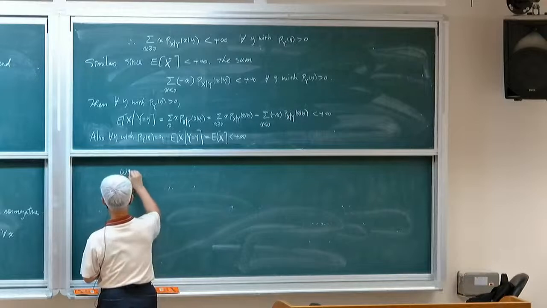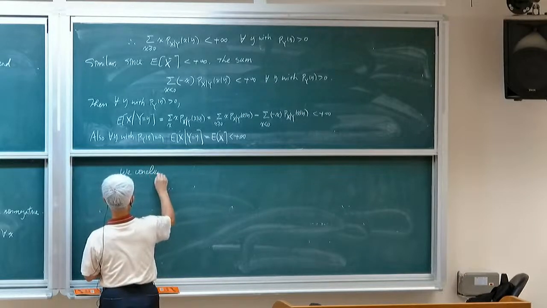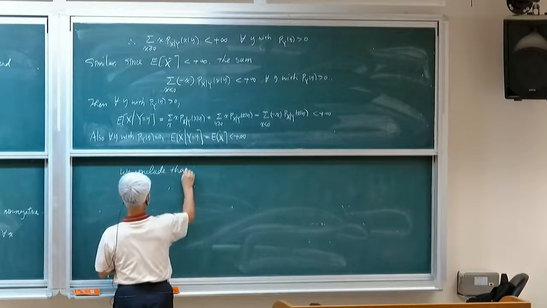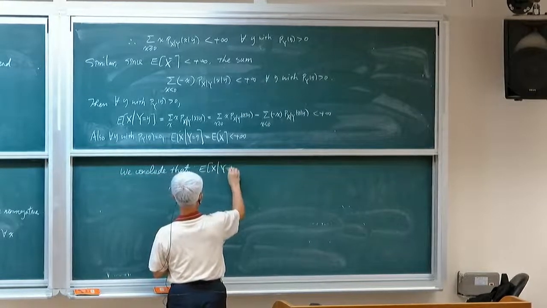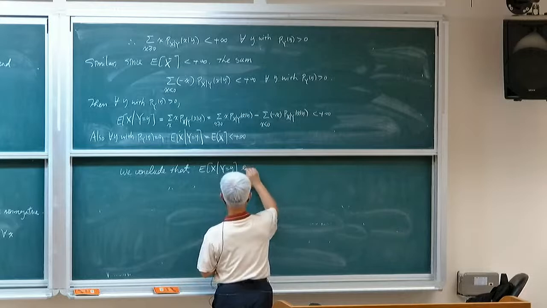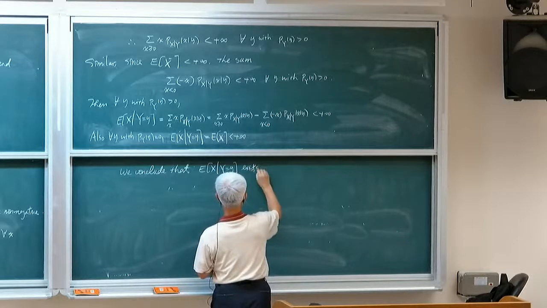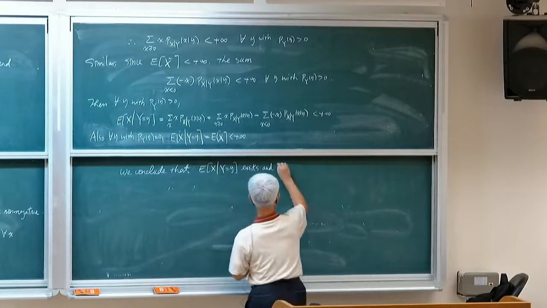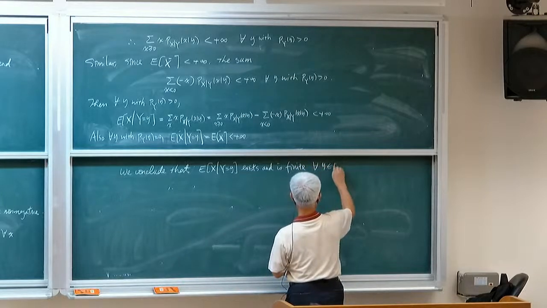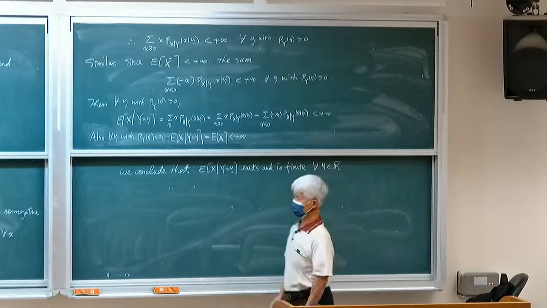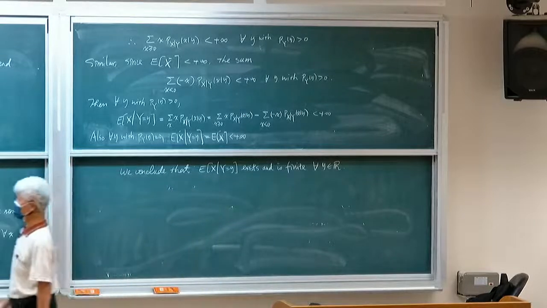So we conclude that the conditional expectation exists and is finite for all y in R. Okay, so G of y is well defined.